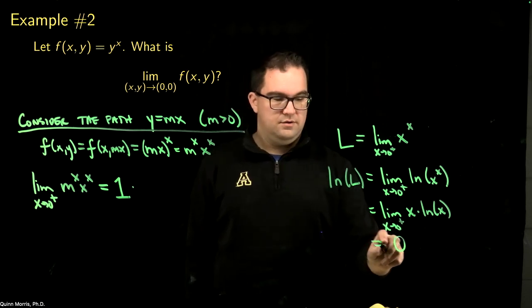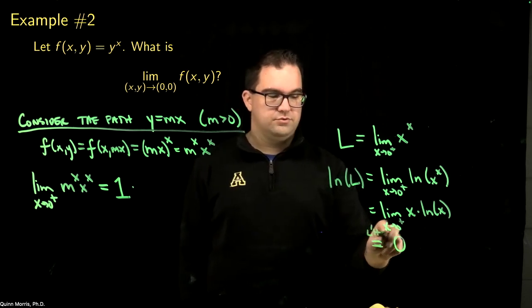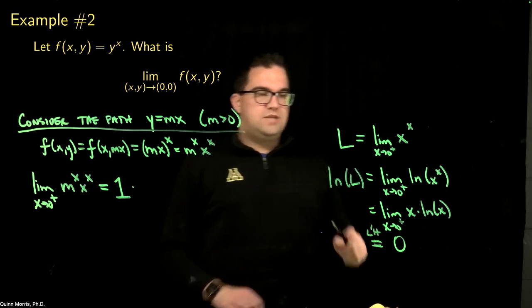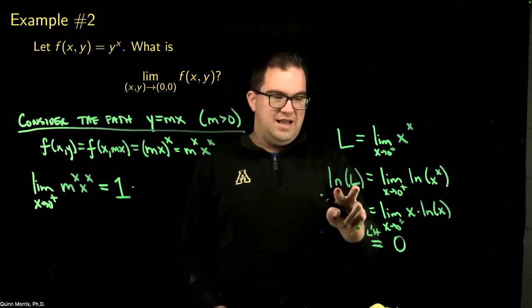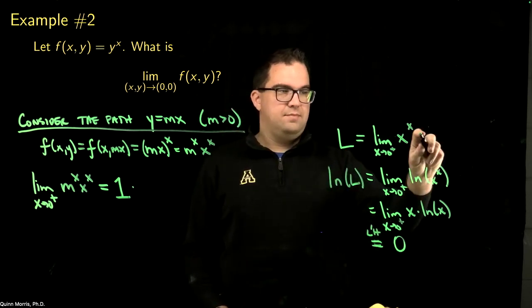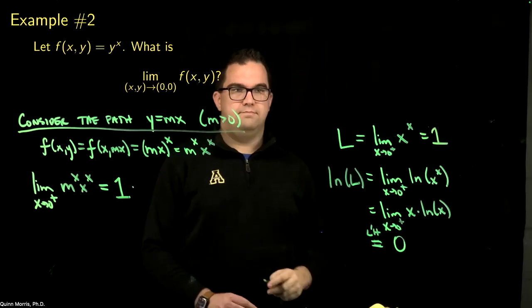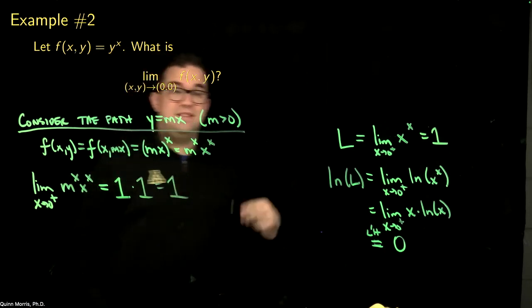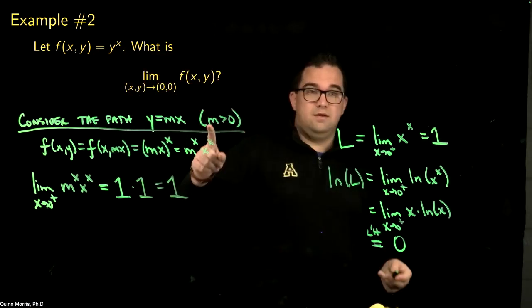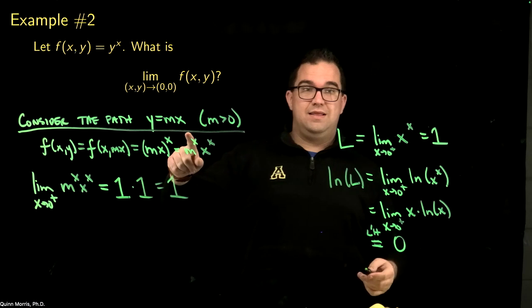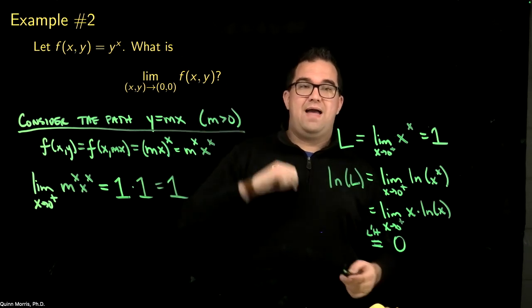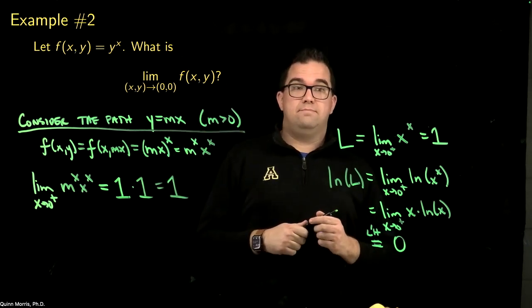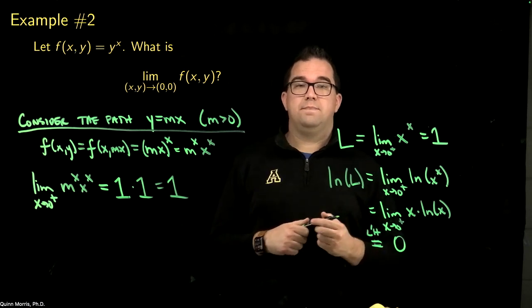Then you say, well, wait, I wanted L. What I know is natural log of L is 0. That means this limit must have been 1. So this limit is 1. And so along every linear path, because I've worked this out here for every linear path, this gives me 1.